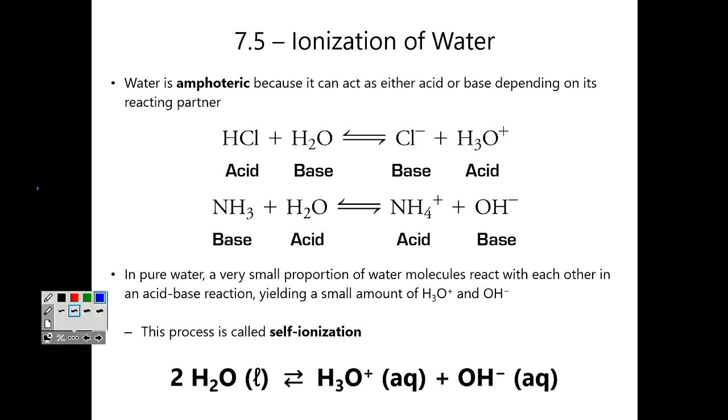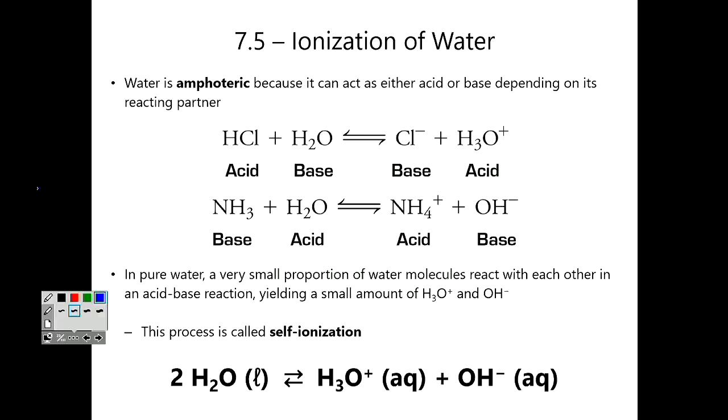So what it turns out to happen, this is what I sort of alluded to earlier, because water has this property, it turns out that it can't help itself, and it reacts with itself in pure water to a very small extent. So in pure water, there's always a small percentage, very small it turns out, of water molecules that are transferring protons to each other.